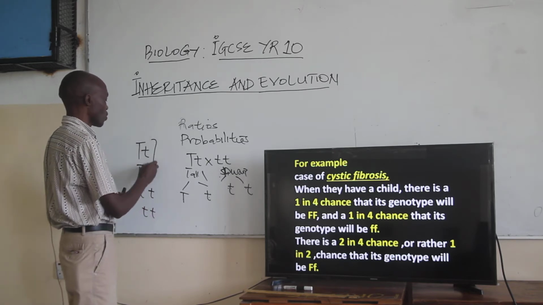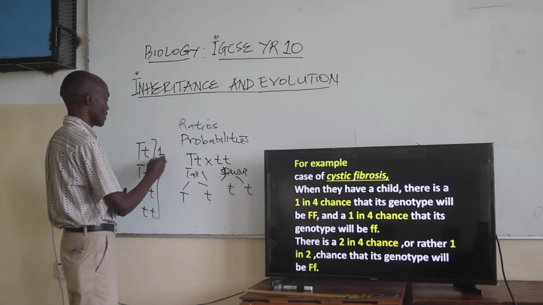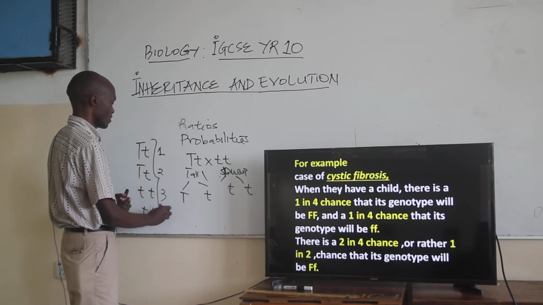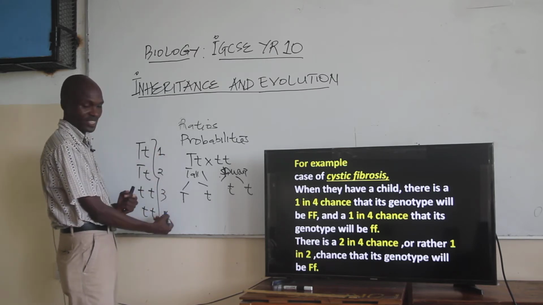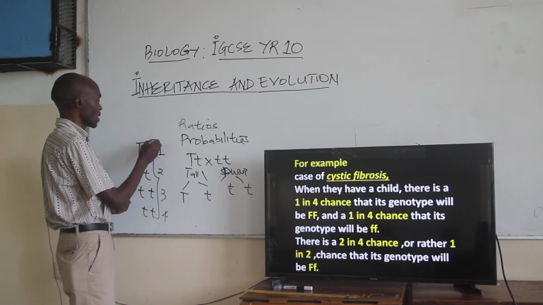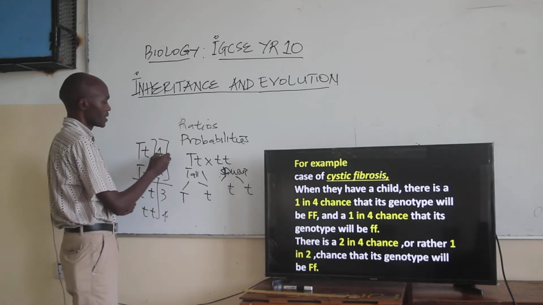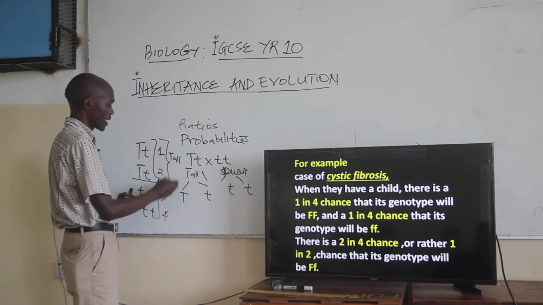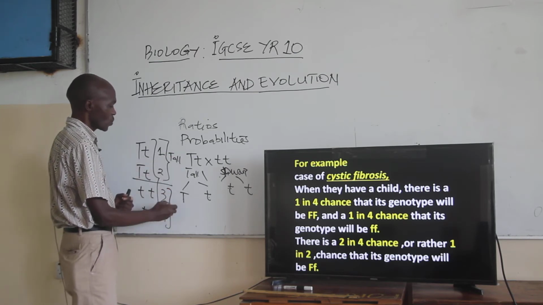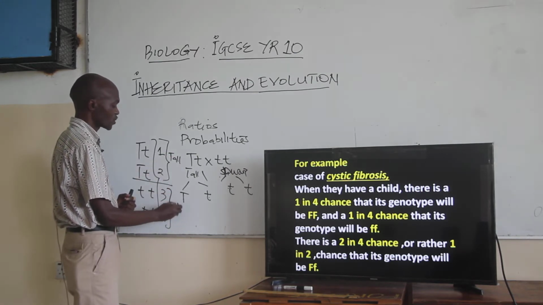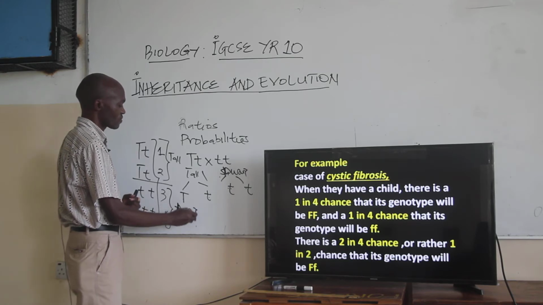So if you look at all these outcomes, they are 1, 2, 3, 4. So we are saying out of the 4 chances, you would have 2 outcomes that are tall plants, whereas in the other 2 cases, you have the short or dwarf variety.